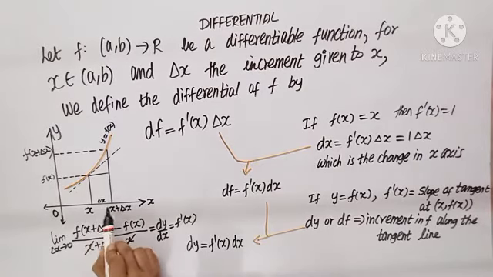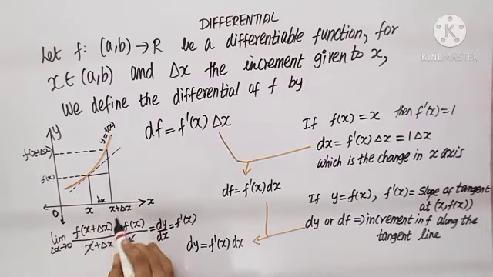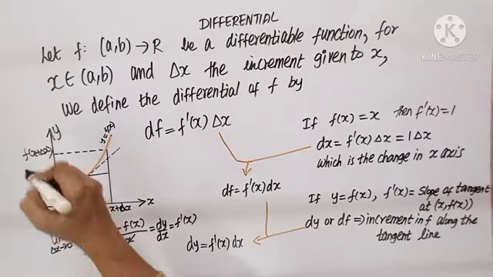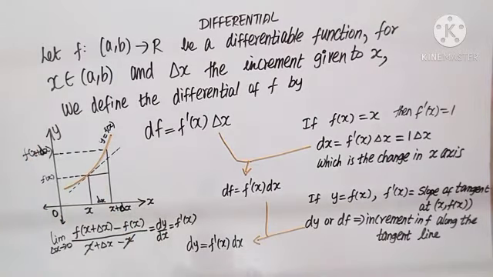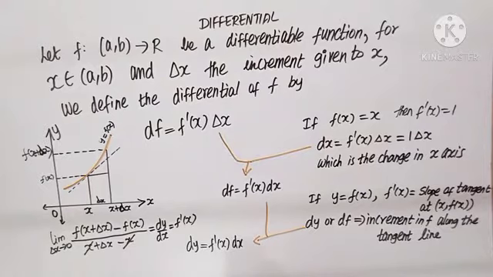This small length del x is nothing but dx. When I approximate, del x I can rewrite as dx, a small change in x value. If so, how do I define the differential?